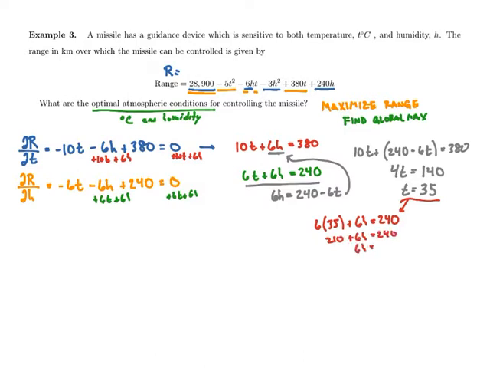Subtract the 210 over, we get 6h equals 30, so h is going to be equal to 5. So we have one critical point in this function, one point that satisfies both of those equations, and that is the point t equals 35, h equals 5.